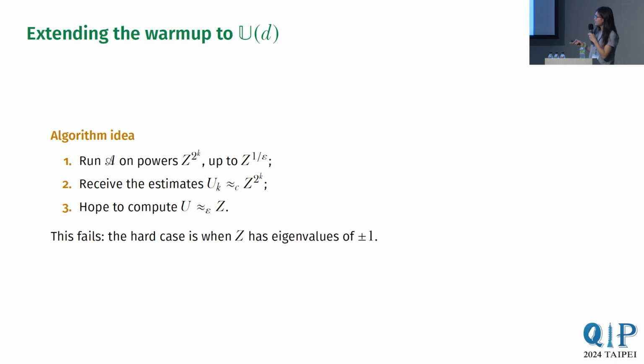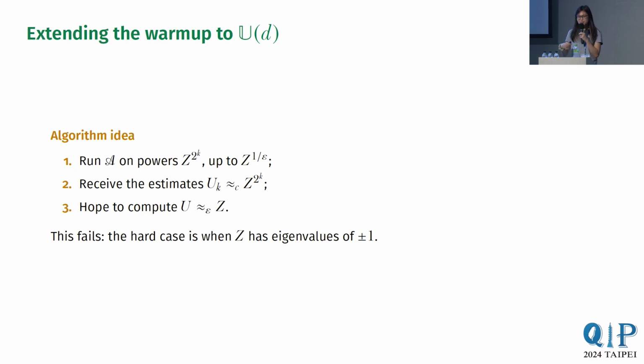However, this does not work. One easy way to see this is that if your unknown unitary is a reflection, then it has eigenvalues 1 and minus 1. This means its square is the identity. And so if you actually run your algorithm, you're going to just see the identity. So you're not getting any useful information past the first couple of iterations.